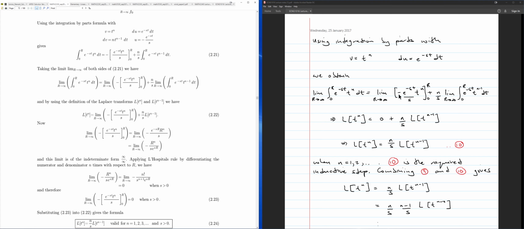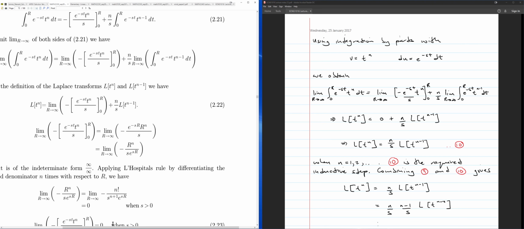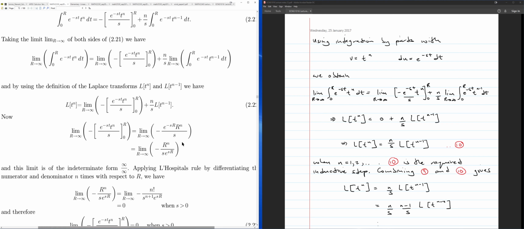So you're going to have minus e to the minus sr, r to the n on s, with a negative out in front, which is this expression here. Okay, so what I want is the limit of this as r goes to infinity.